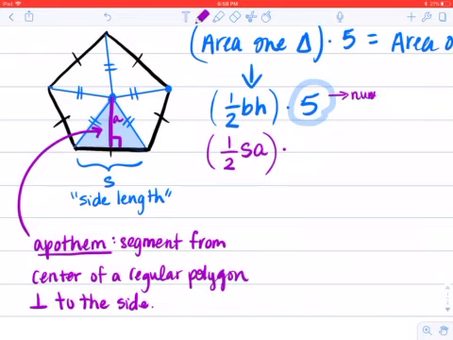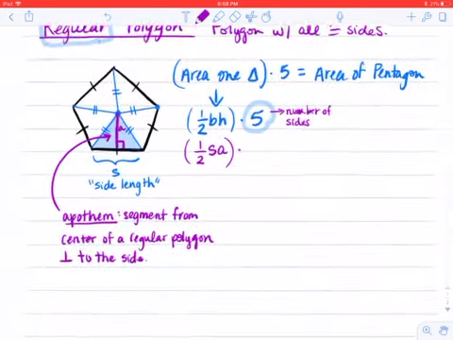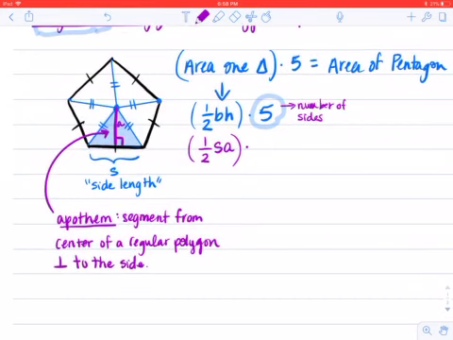So this number right here represents the number of sides in the polygon, right? So, if that's the case, I can use this formula right here, the area of just a shape in general, as 1/2 of the side times the apothem times n, where n represents the number of sides.